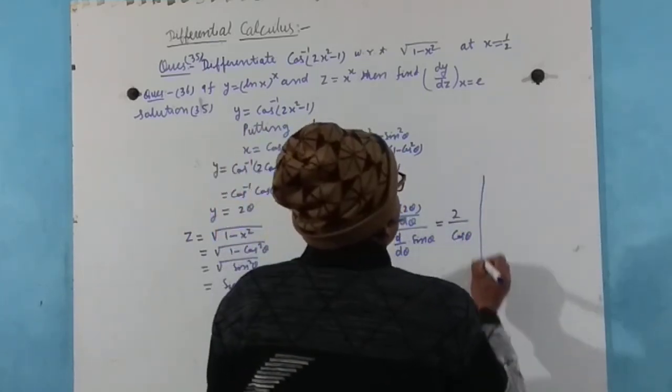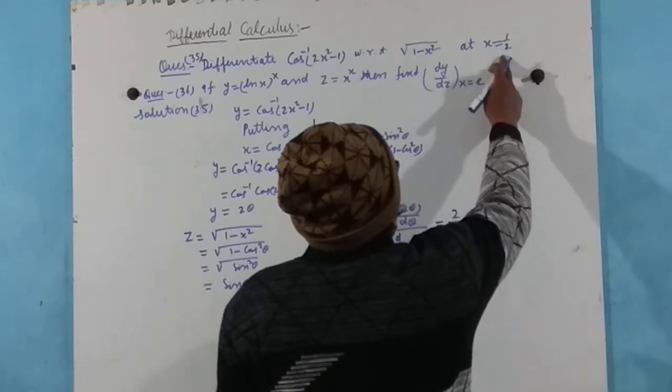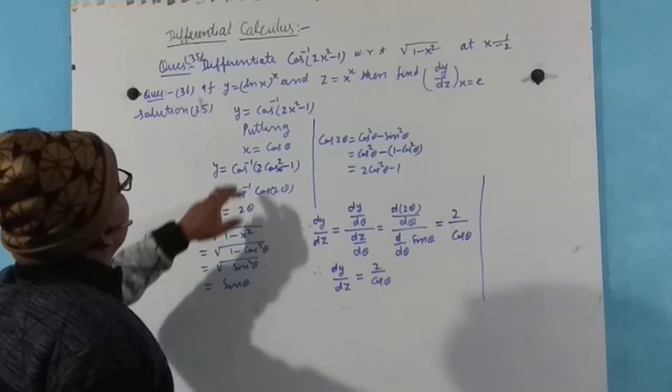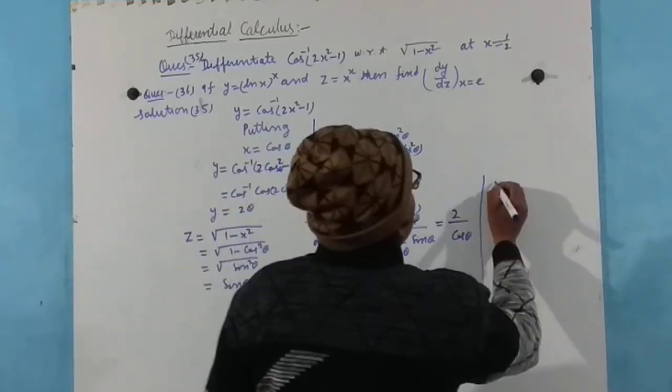Now here at x is equal to half, here x is equal to cos theta.